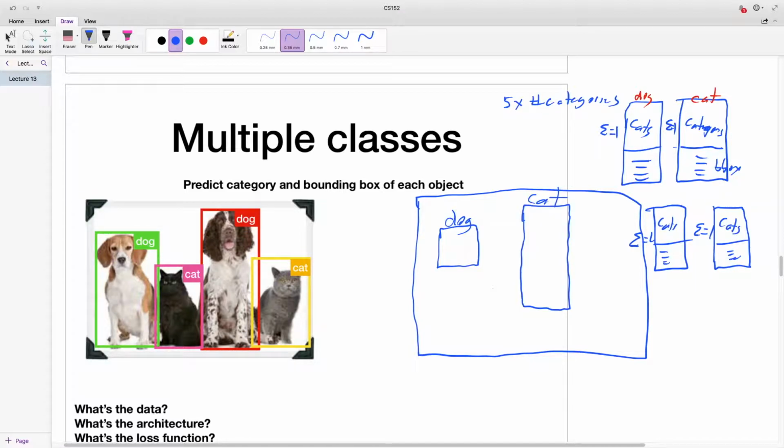Another possibility. Yeah, put a check mark for each one. But we're going to make it a probabilistic check mark. So the check mark says, yep, there's an object here. So there's an object here, and there's an object here, and there are not objects here.